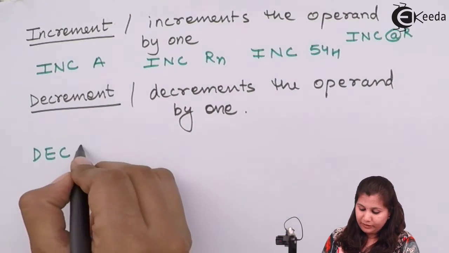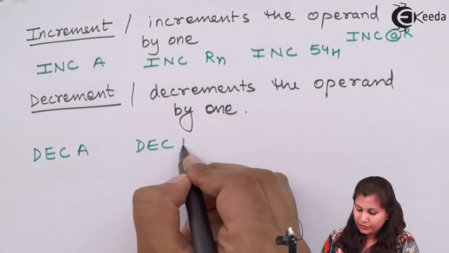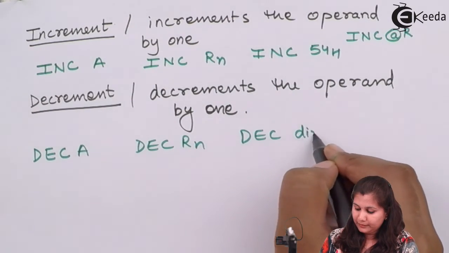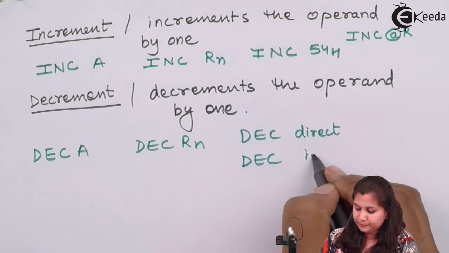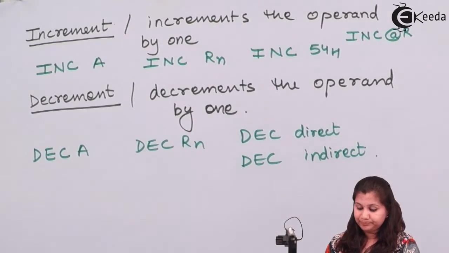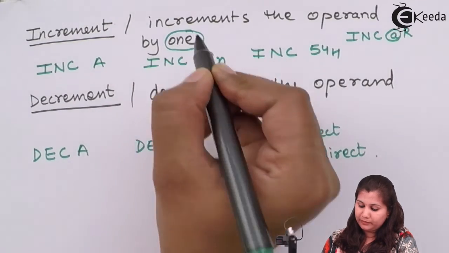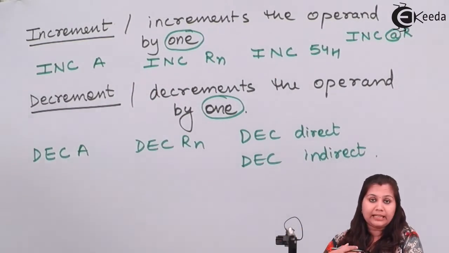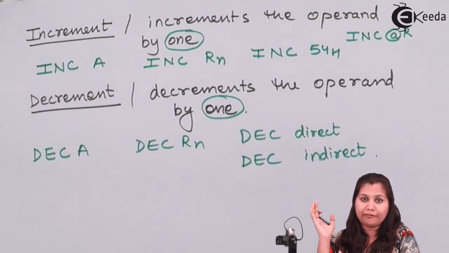Similarly for decrement, we have the accumulator, register, direct memory, or indirect memory. Always increment and decrement by 1. Just remember this. Now suppose we are incrementing from 00 to FF.